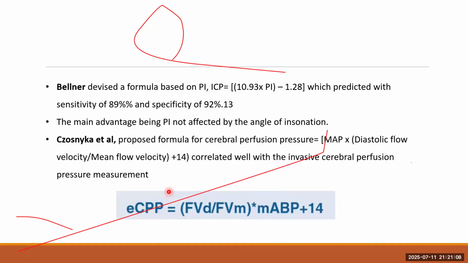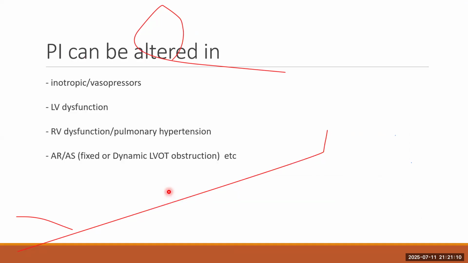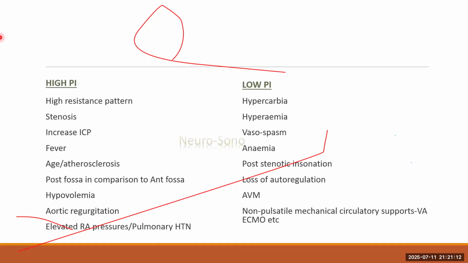There are various things which can alter the waveforms, so if we remember the high PI and the low PI reasons, the waveform alterations can also be remembered.